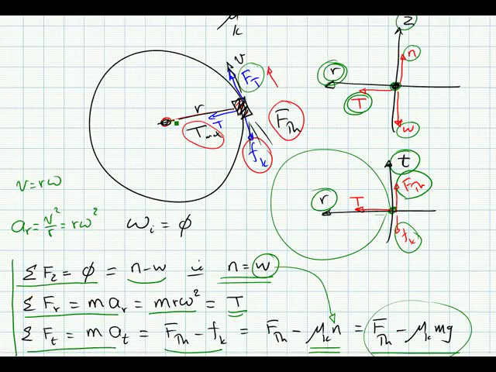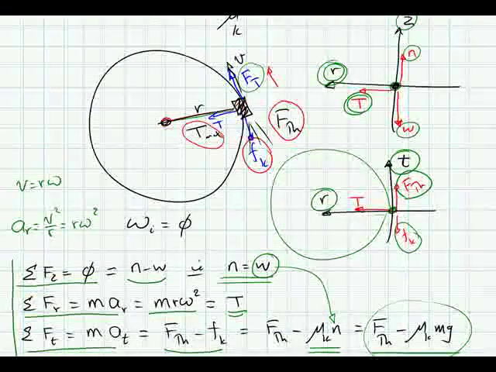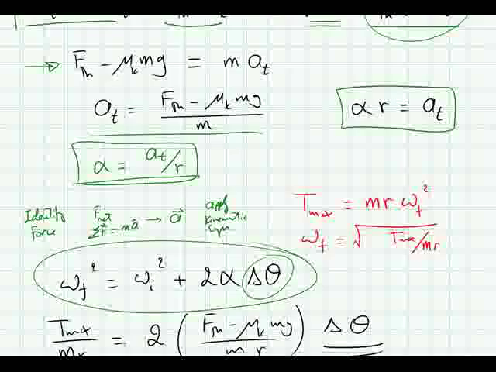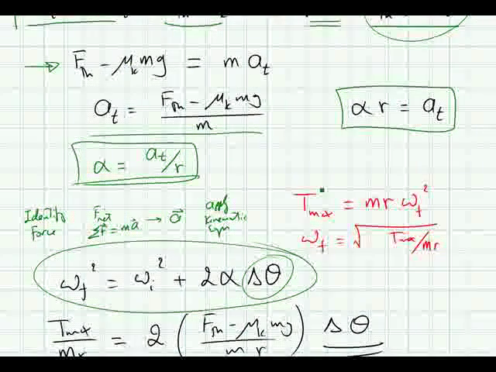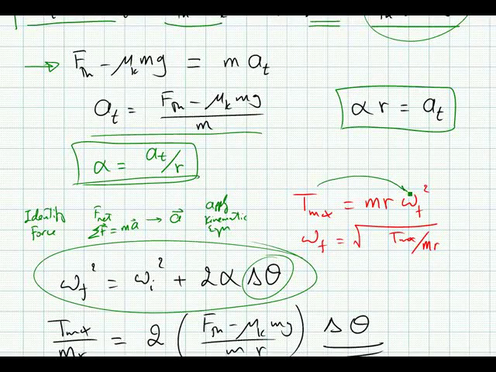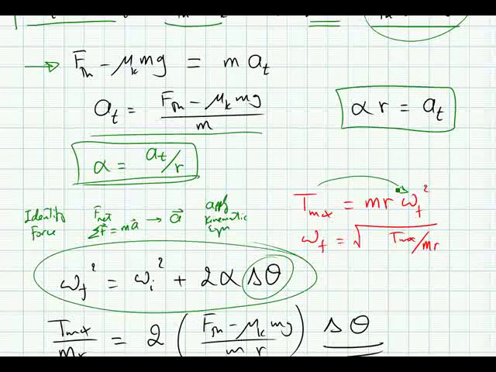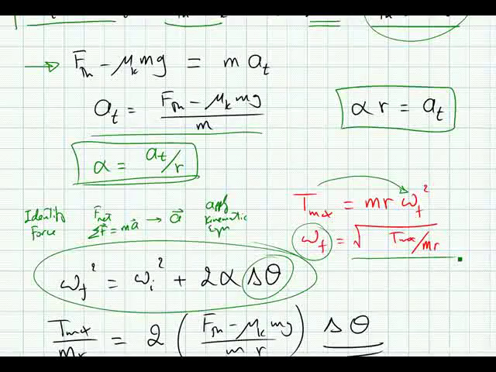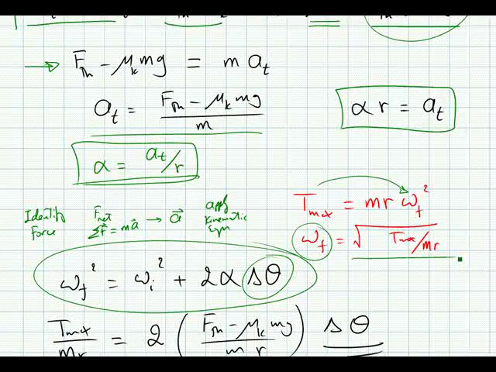However, there is a maximum tension that this string can withstand. So that maximum tension relates to a maximum angular velocity that the object can have before it breaks. So that maximum angular velocity then is equal to square root of maximum tension divided by m r.